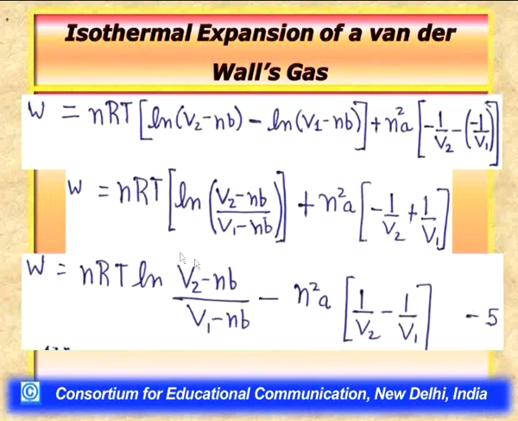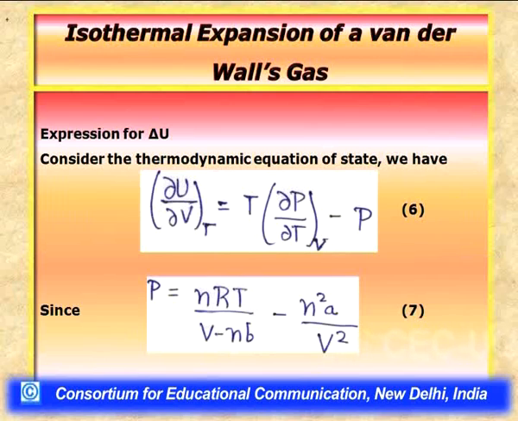If we know the volume change, that is V1 and V2, the number of moles, the excluded volume, and the parameter A, which is a measure of the forces of attraction which operate between the constituent chemical species, at a particular temperature, we can calculate the work involved in the expansion process.